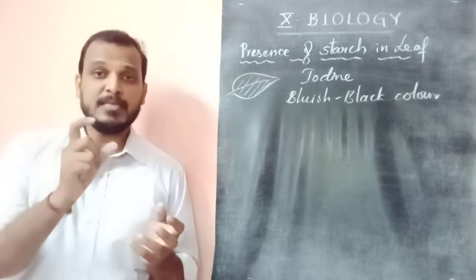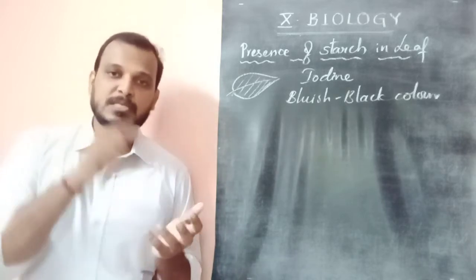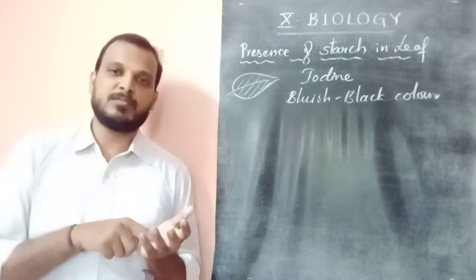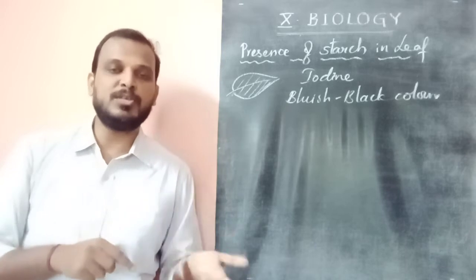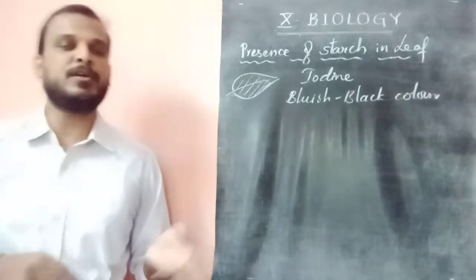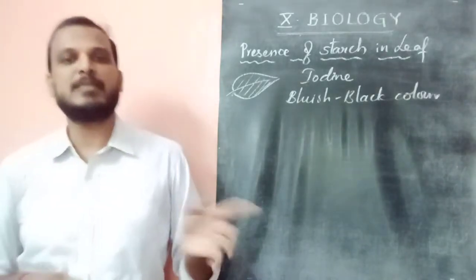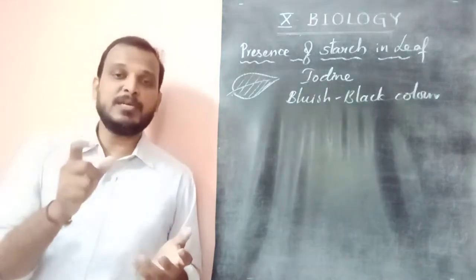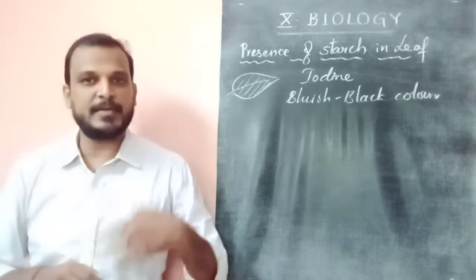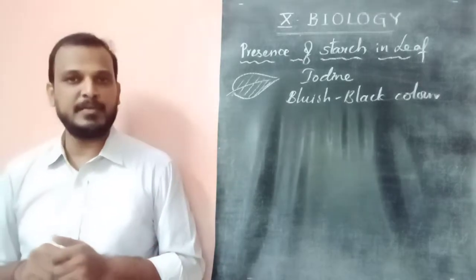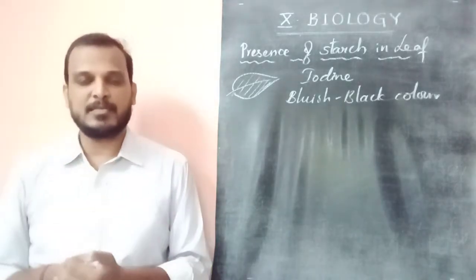So iodine is a great reagent to prove whether starch is present on anything or not. If you add iodine drops and the material turns bluish black, that is called a positive result of iodine, which tells that starch is present. If iodine gives a negative result, the material doesn't turn bluish black, which means starch is not there inside.